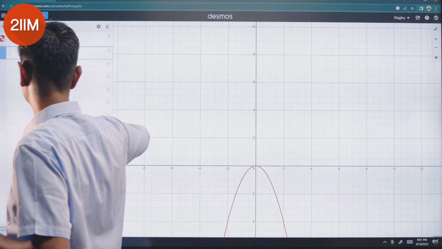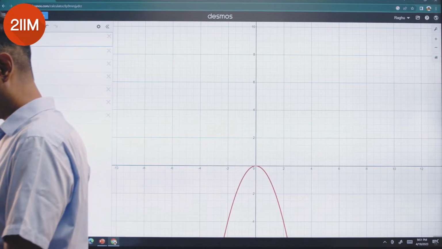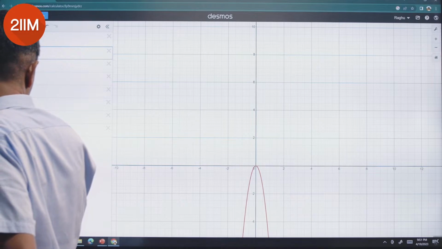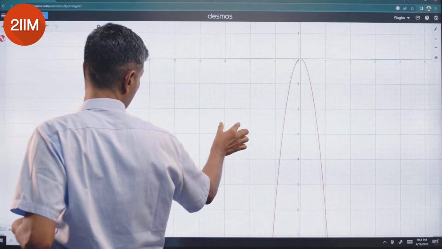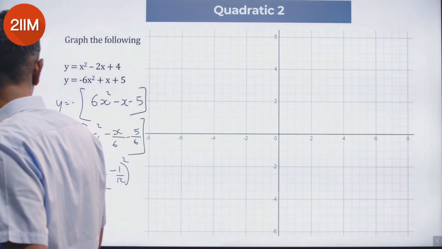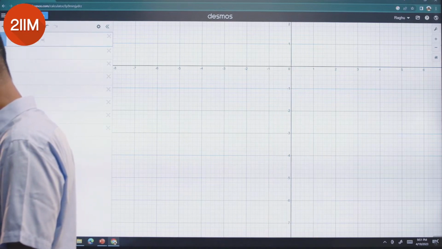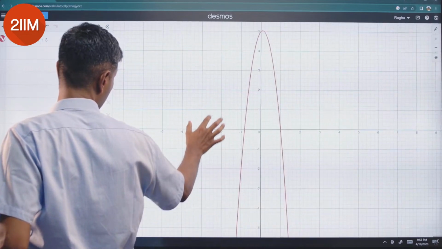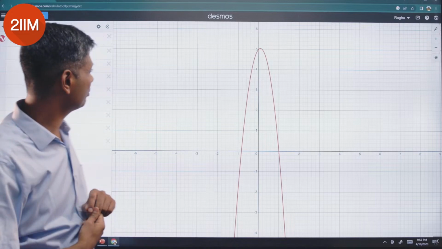I want minus 6x square, and then go here and put minus 6x square. We have minus 6x square plus x plus 5.